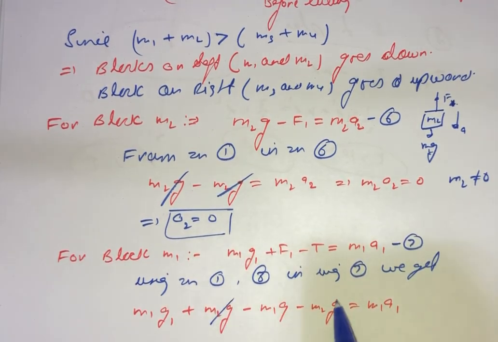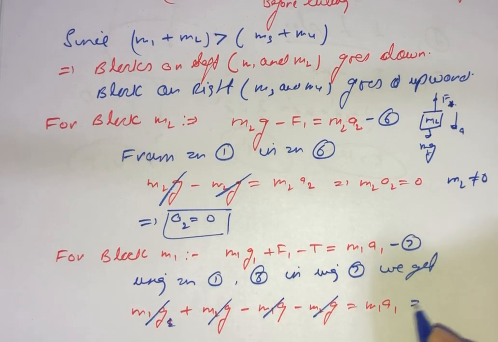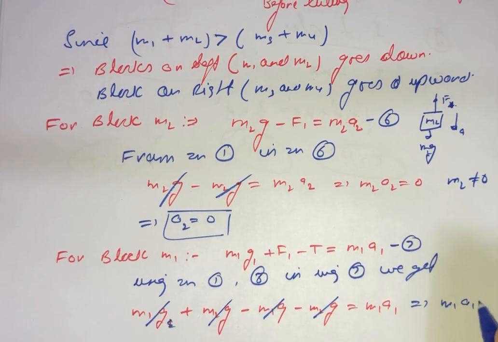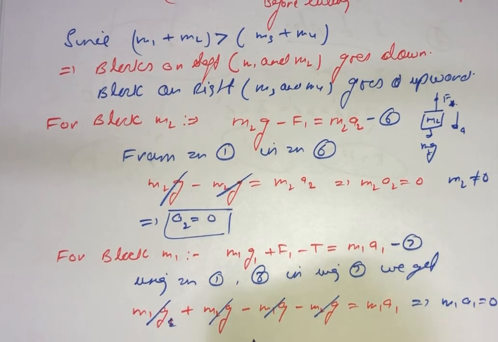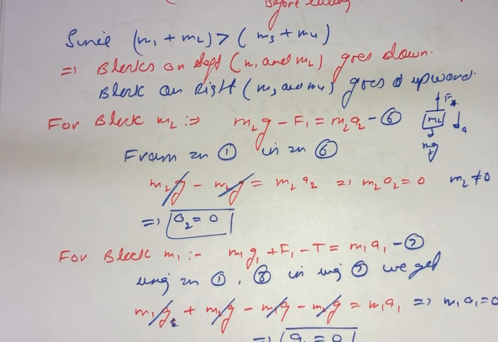So M2G and M1G cancel out, and we get M1 A1 is equal to 0. So this implies that A1 is equal to 0.